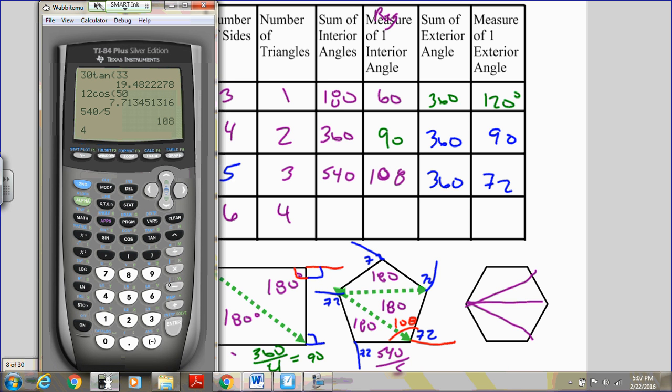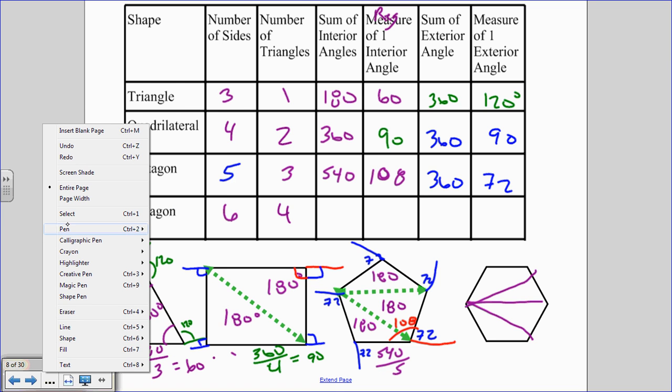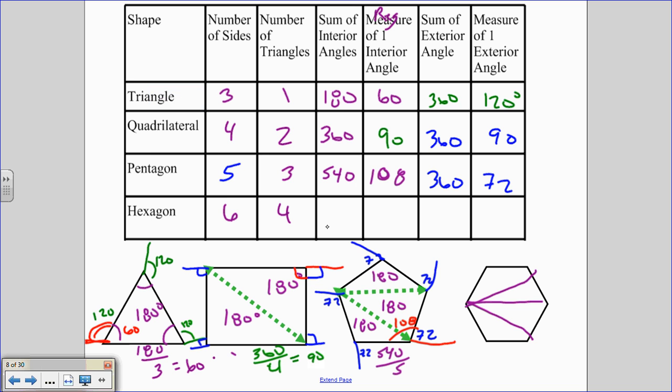And that would be 720. So 720 is the sum.